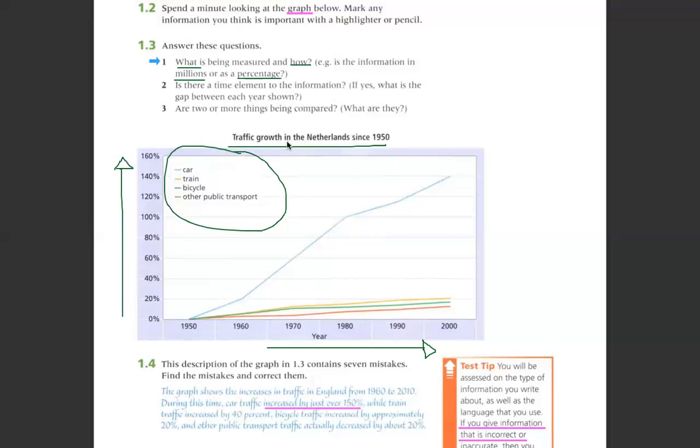This will tell you what is being measured, and then you need to look at this side, and it's going to tell you how it is being measured. For example, is it being measured in millions? Is it measured in percentages? And so on. Okay, so please type in the chat box, in this graph, what is being measured?